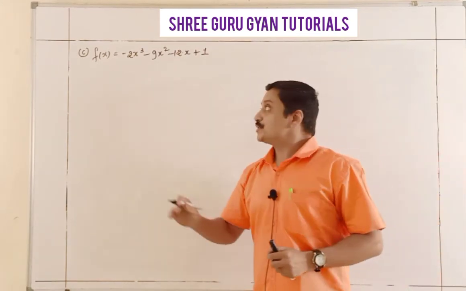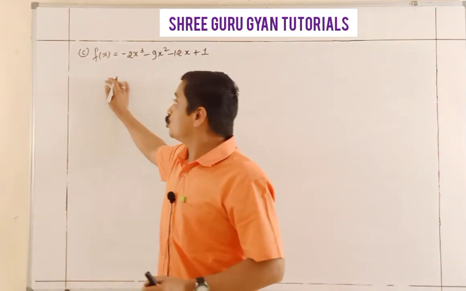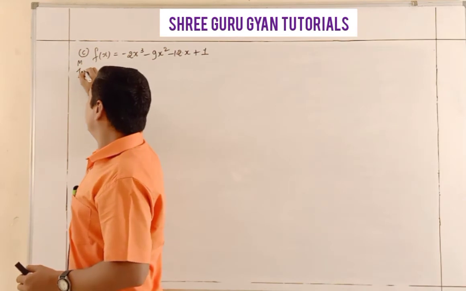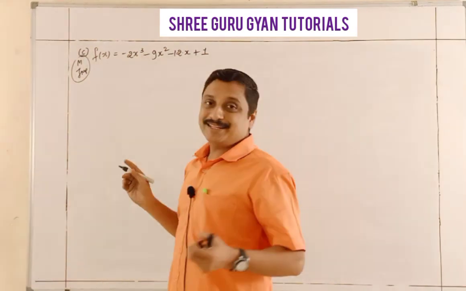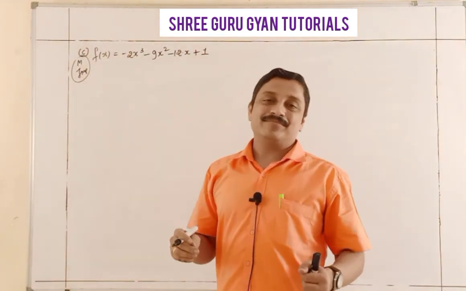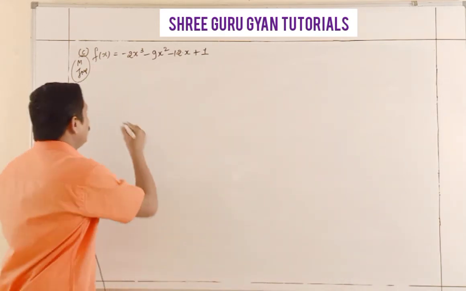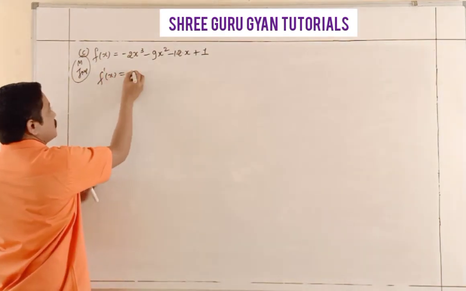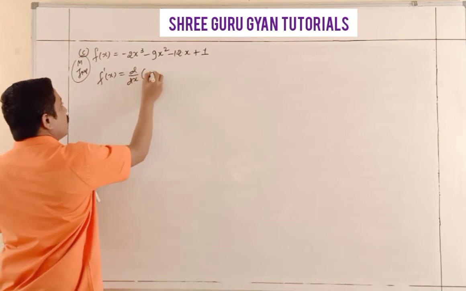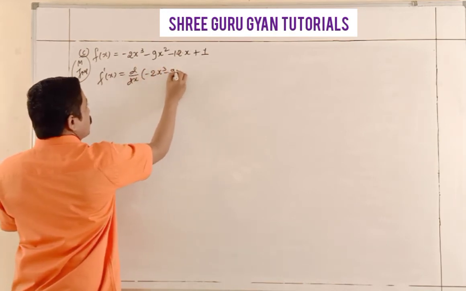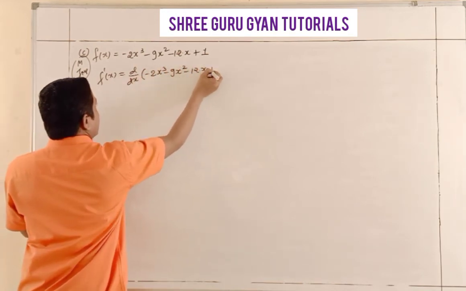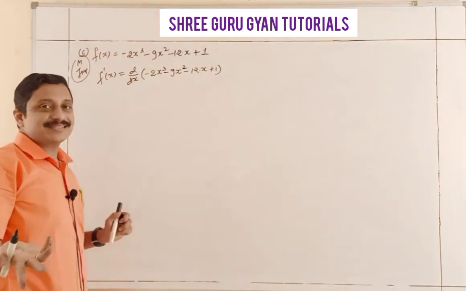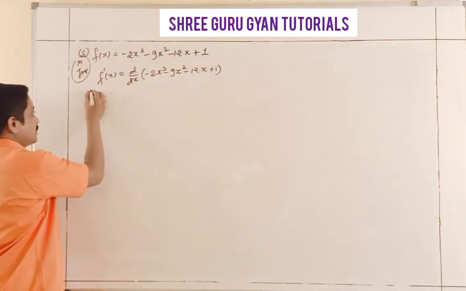Now students, next question, the third one. It is the most exam-oriented. Same, apply the derivative: d/dx of -2x^3 - 9x^2 - 12x + 1. It's very easy.